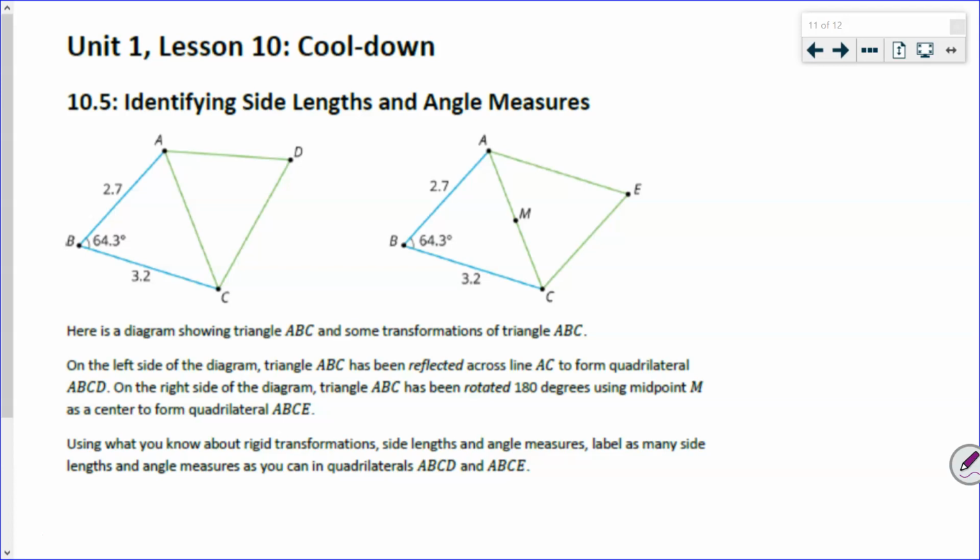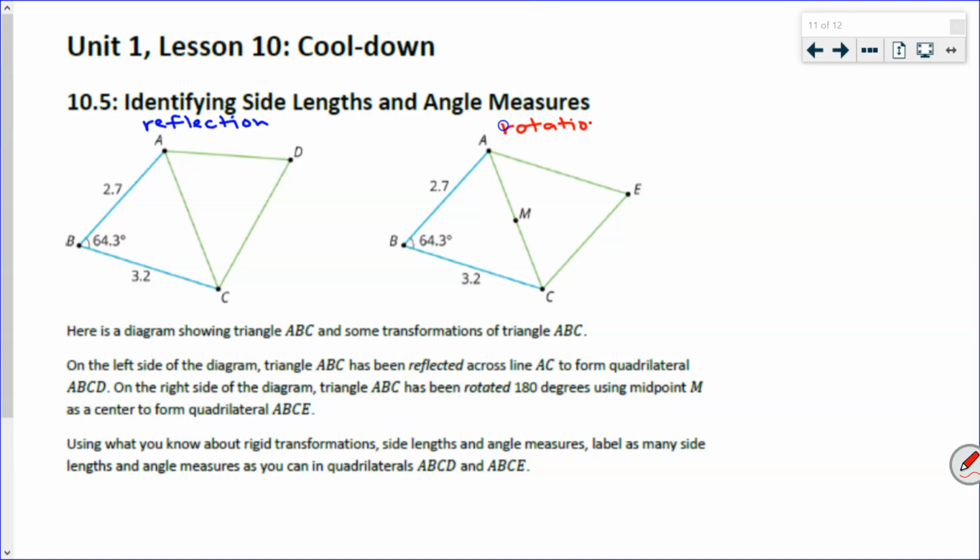Here we have a diagram of triangle ABC, and triangle ABC. And I'm going to read so we can really make sense of this. It says, on the left side, triangle ABC has been reflected. Think about what those reflections will look like. This is a reflection. And on the right side of the diagram, triangle ABC has been rotated.